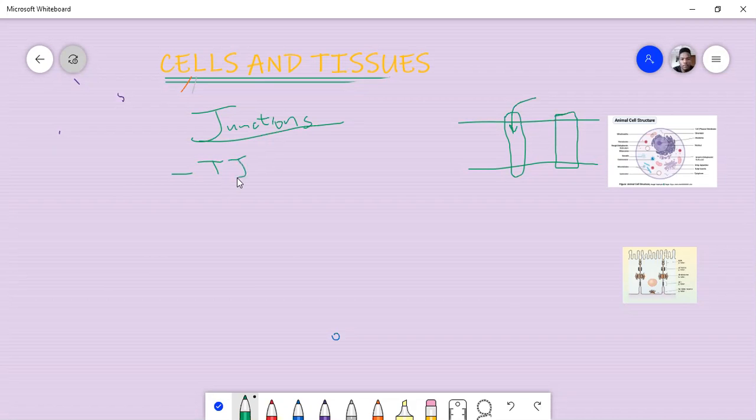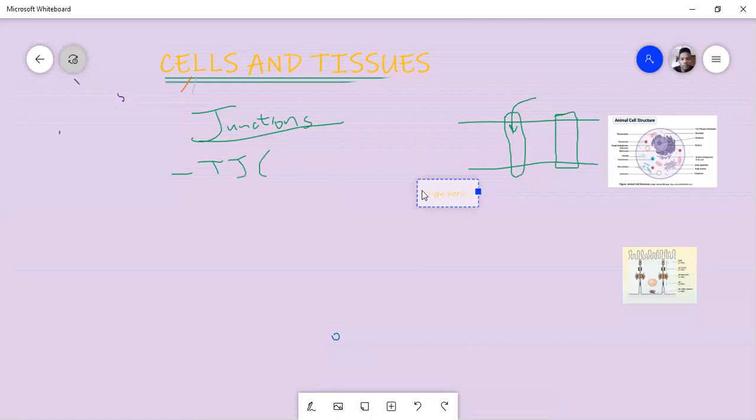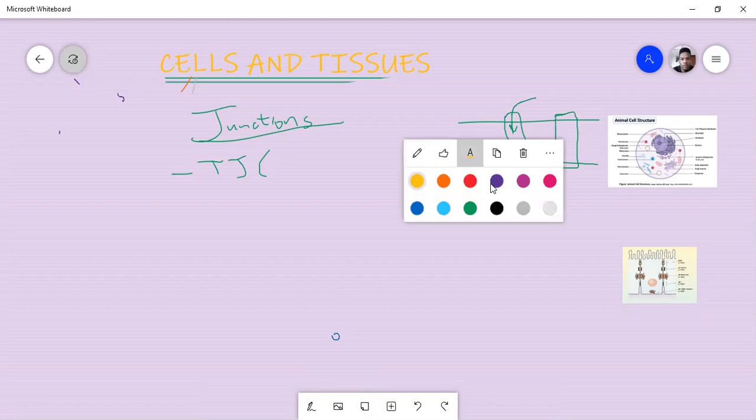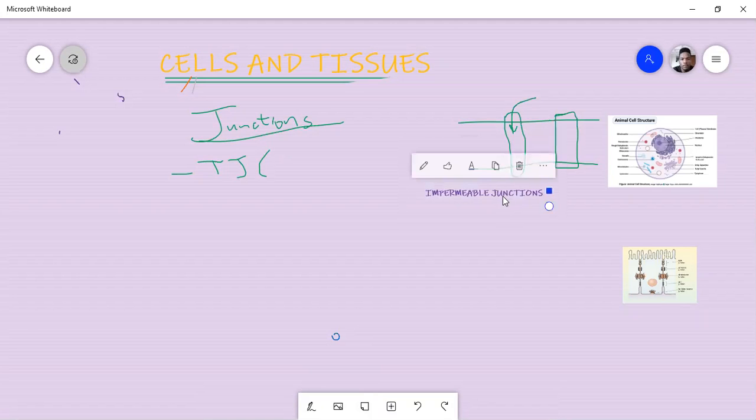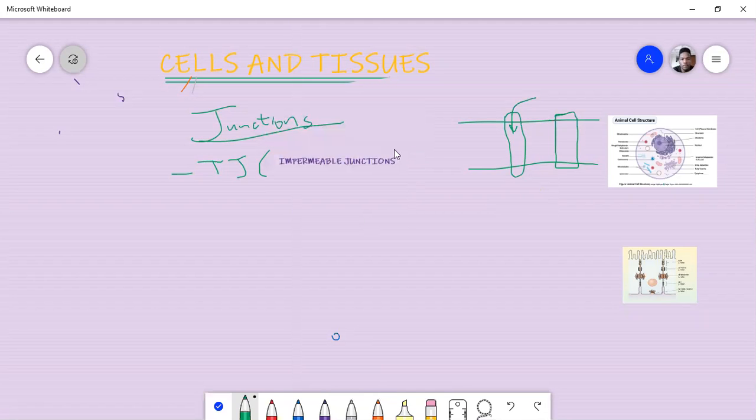Your tight junctions are also called your impermeable junctions, right?